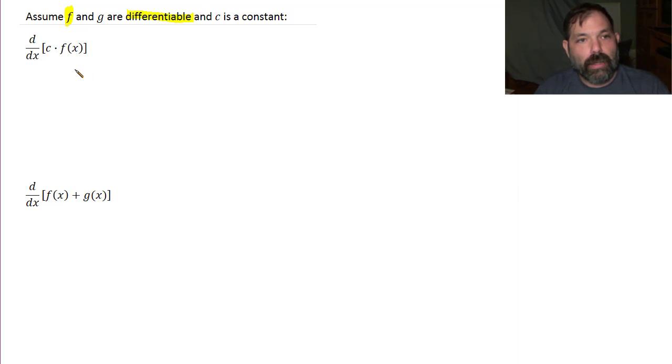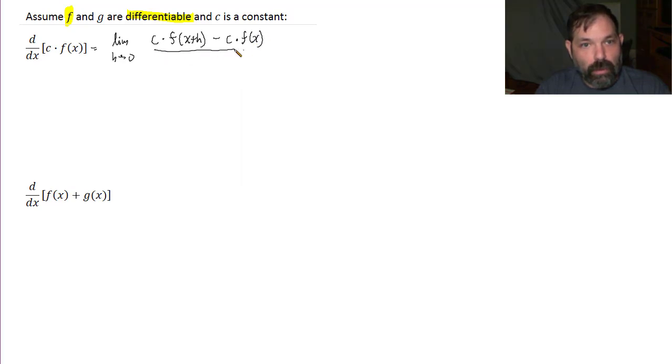All right, well then, if we wanted the derivative of the constant times the function, this would be the limit with h approaching 0 of c times f of x plus h minus c times f of x over h. Notice that I have a common factor of c. I can take that c outside the limit.